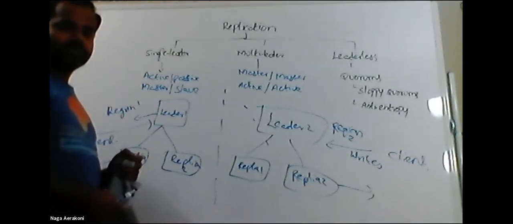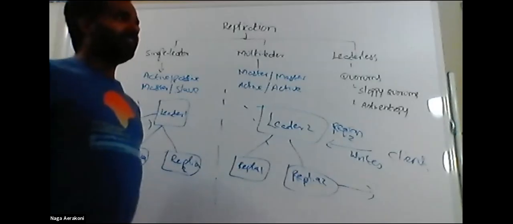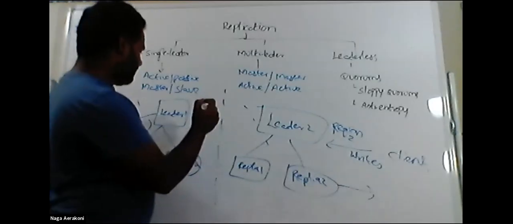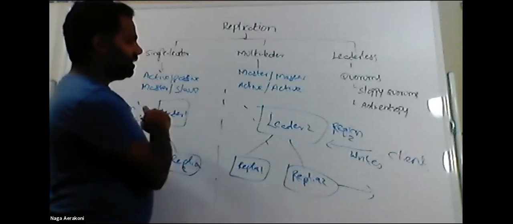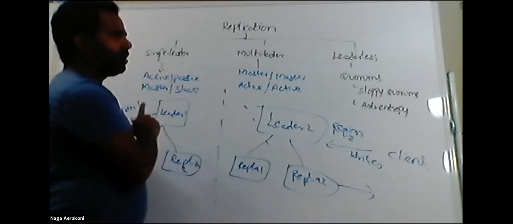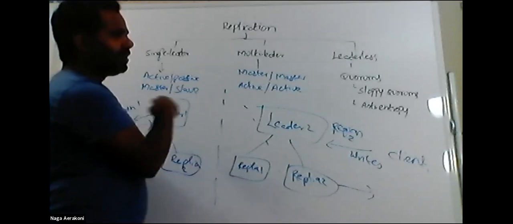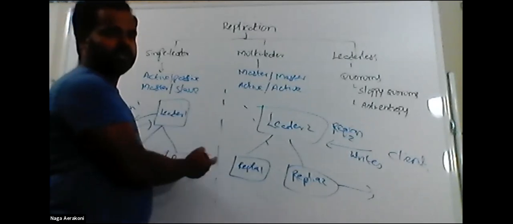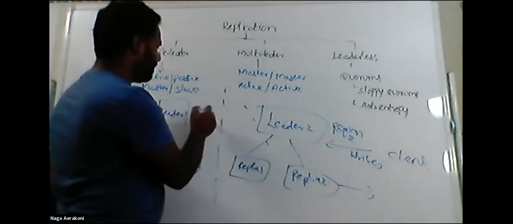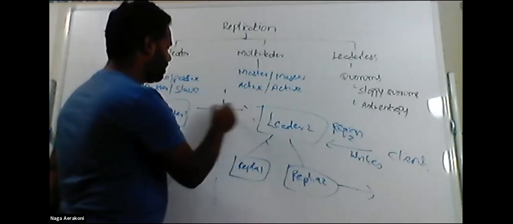Any questions? So how does the data get synced between leaders? Yeah, good point. I was about to come to that. As we spoke about in a single leader, the same mechanisms can be used here. One choice is synchronous.